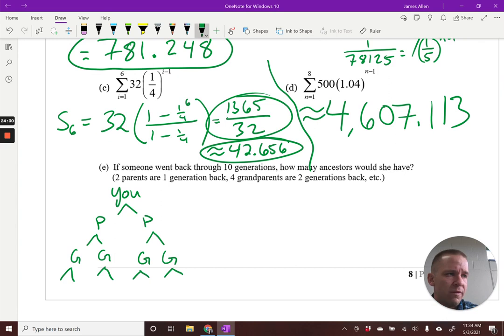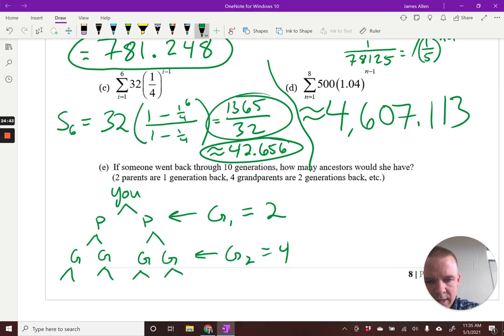So for how many ancestors she would have, we're going to start here. That'll be our G1, right? Generation 1, and we'll say there's 2. And then generation 2, that's going to be 4, and then generation 3, it looks like 8, so on and so forth, right? So 2, 4, 8, 16 is doubling each time.